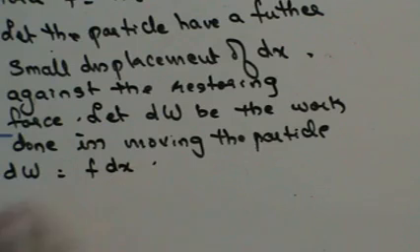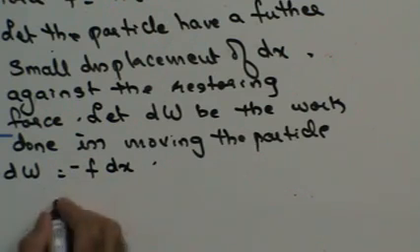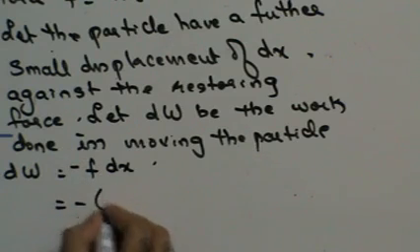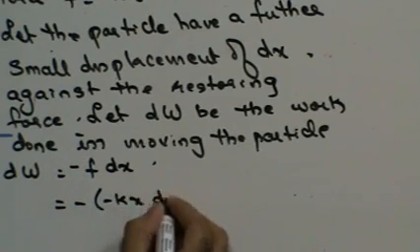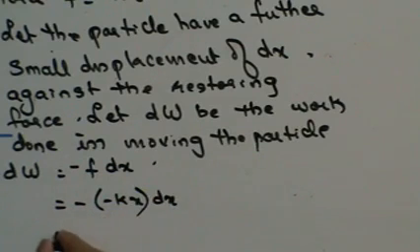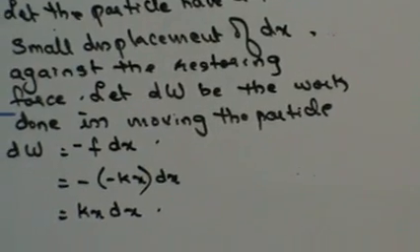Since work is done in a direction opposite to the force, the restoring force is acting towards the origin and the displacement is towards the extreme position, therefore this is going to be negative work. The negative sign indicates that force and displacement are in opposite directions. Substitute the value of F, which is minus kx. So dW is going to be kx dx.